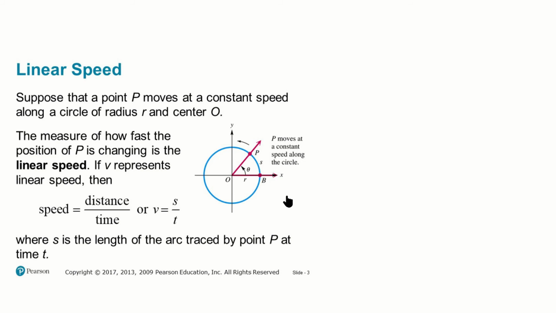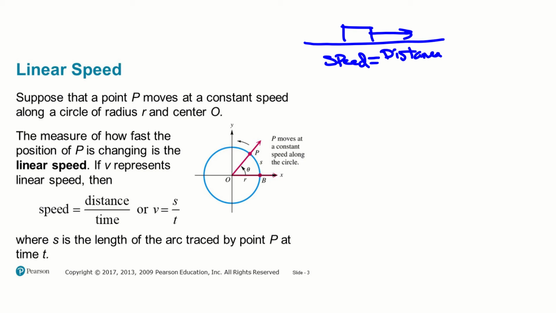As far as the distance that's being covered, notice that's just the length of that arc associated with the movement. So that's no different from, for example, if you recall from your algebra class, an object like a car moving along a straight line. Remember that we can find speed by just dividing distance by time.